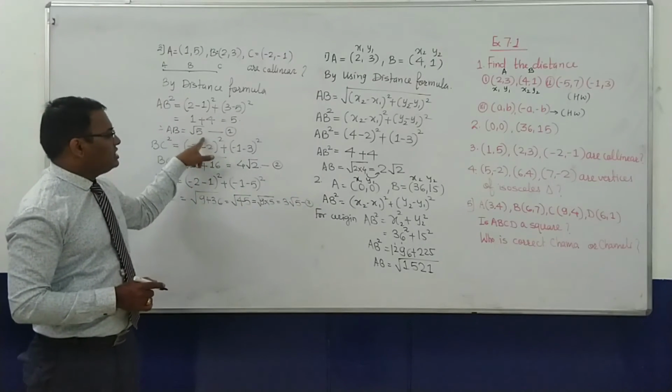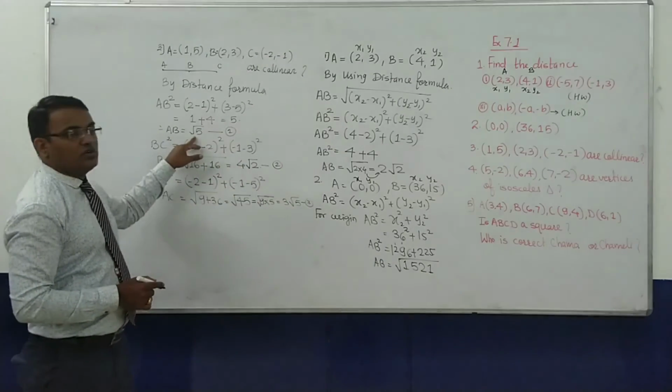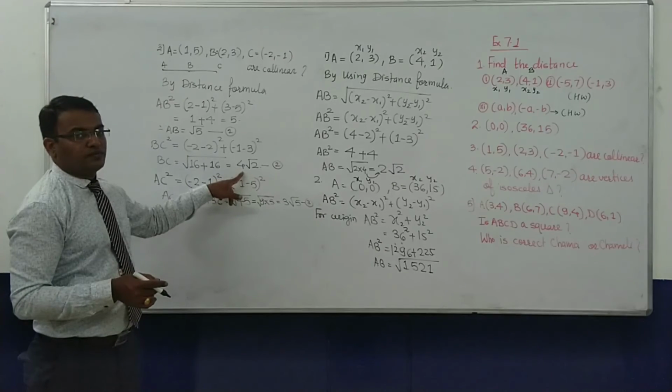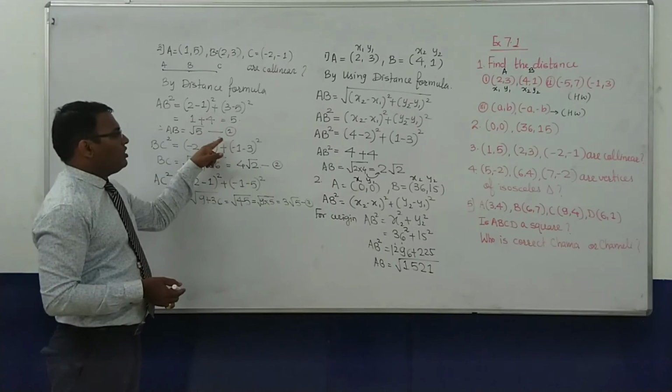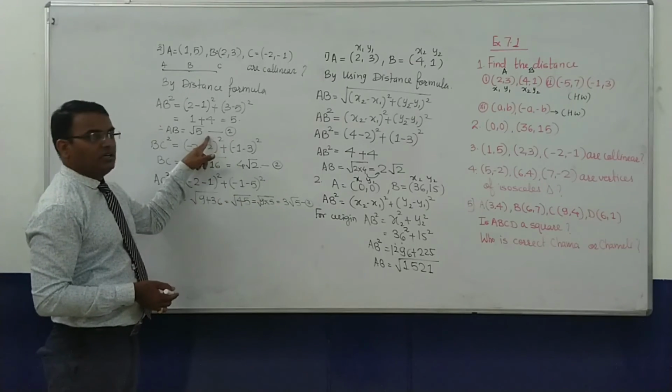Now the problem is, if you add these two, then also you will not get it. If you add 3 root 5 plus 1 root 5, you will get 4 root 5, which is not equal to 4 root 2. So in any case, sum of 1 and 2 will not be 3. Sum of 2 and 3 will not be 1.